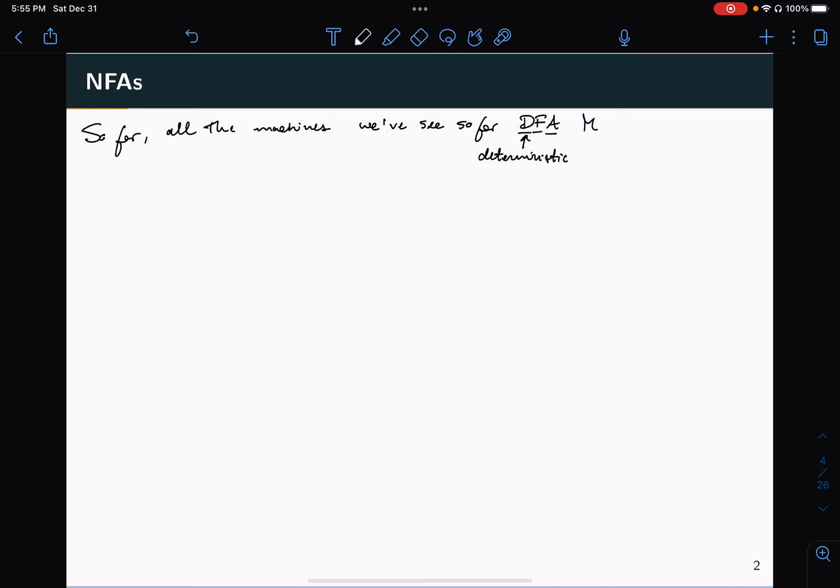Which we wrote M is equal to Q, sigma, delta, Q0, F, right? So it's a set of states with a given alphabet, a transition function, an initial state, and a set of final states, okay?